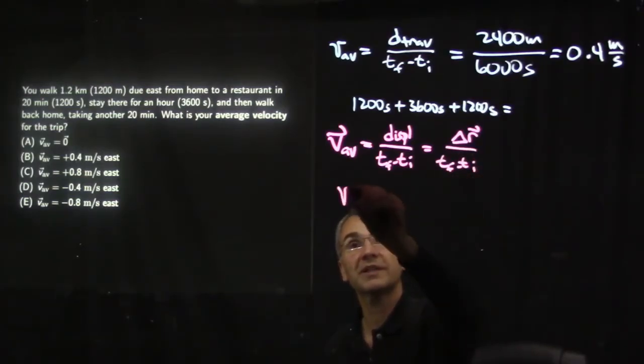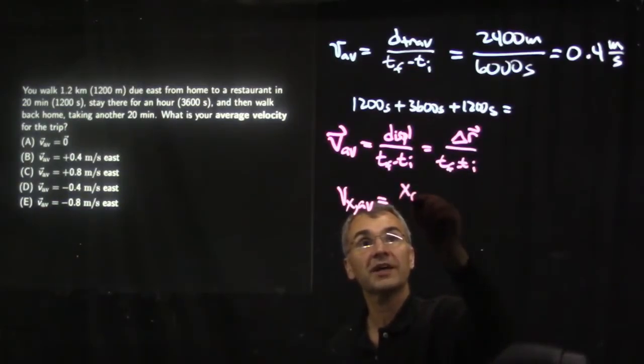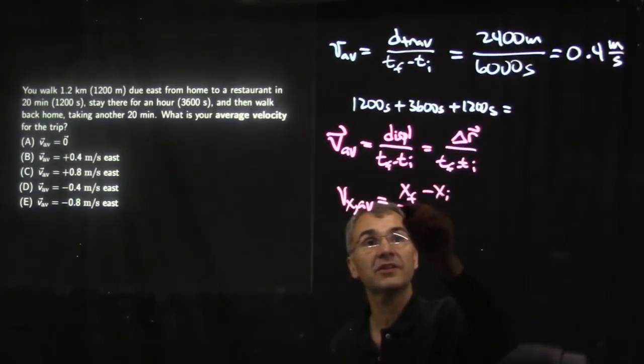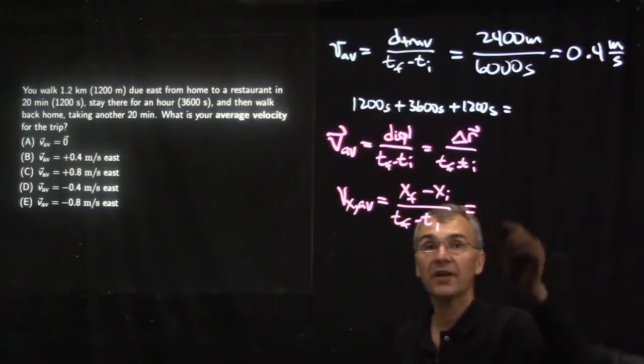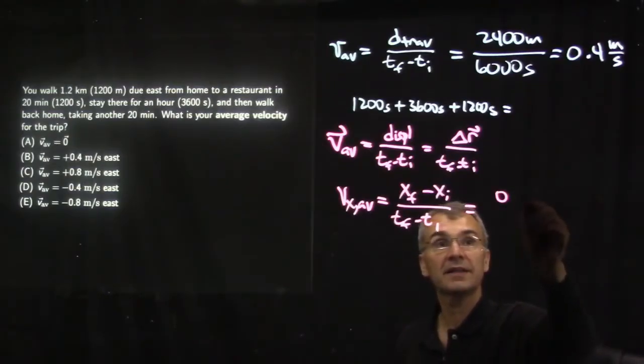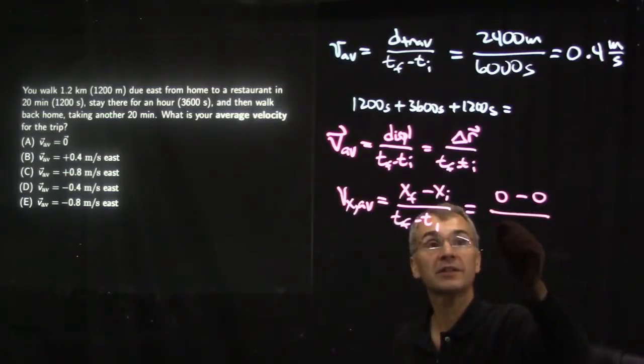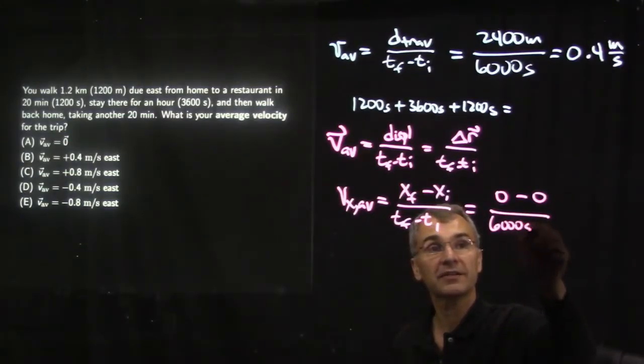So for example, the x component of my average velocity is just x final minus x initial divided by the change in time. And, well, I start out at home, and then at the end, I'm back at home, and meanwhile the difference was 6,000 seconds.